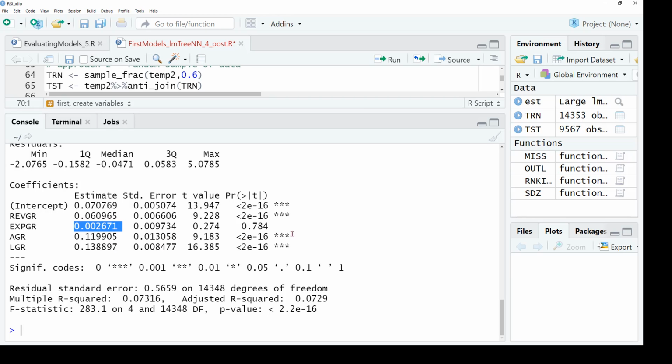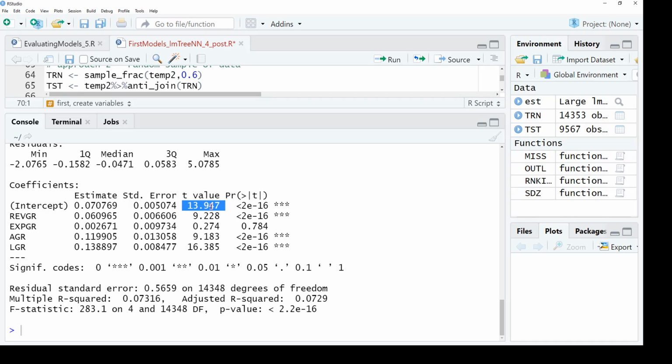And how we see these is based on all of these other columns. So 3 stars is highly significant. What that means is, compared to this estimate, so here I'm looking at the intercept, the standard error is really low, which then, because this standard error is low, means that this t-value is high.